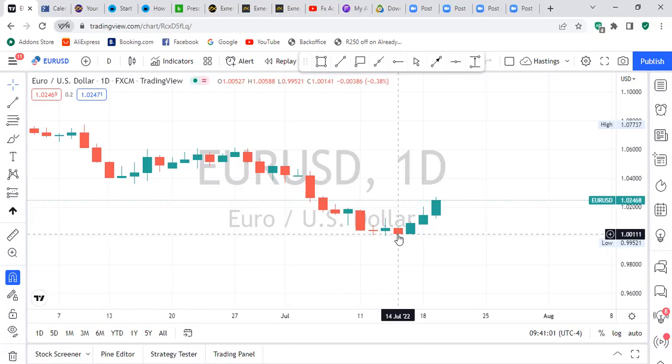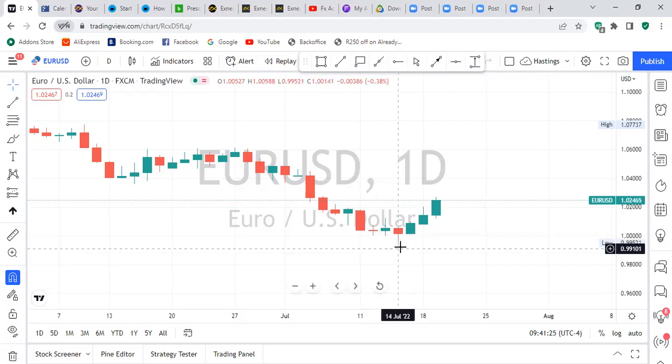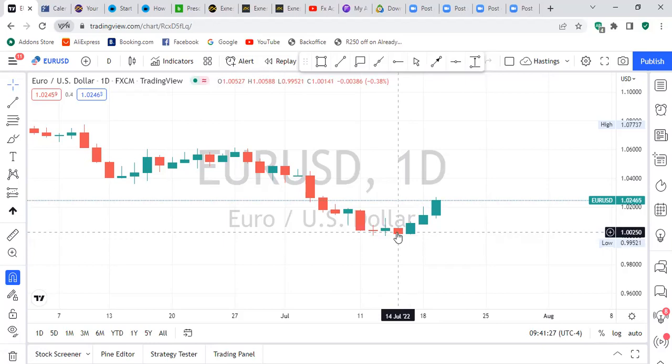So we are going to see whether it's going to close bullish or bearish. Here on the 14th of July, it closed bearish because it's red here. Meaning when the price closed, the bears were in control of the market. It pushed down here and then it retraced back.